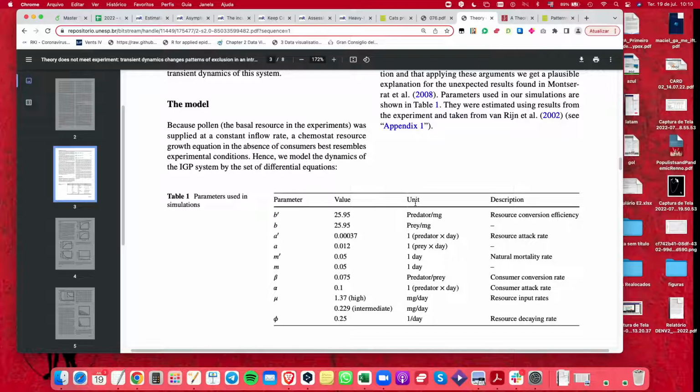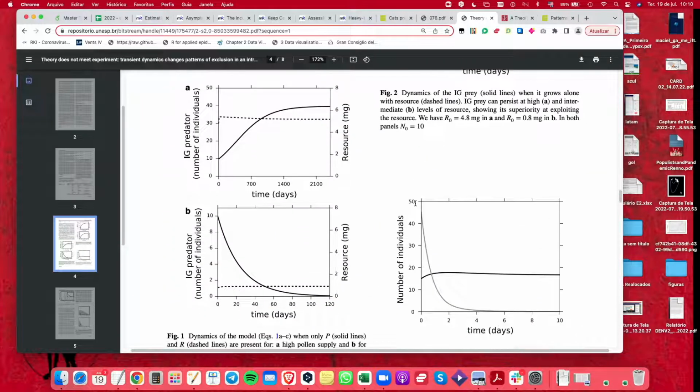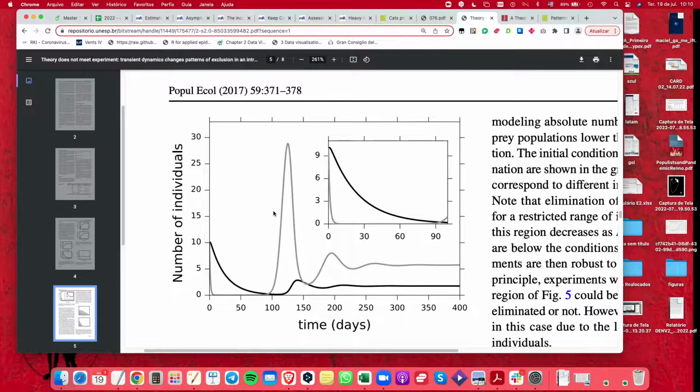So what you find is that the dynamics look something like this one. Okay, so you have a fixed point of coexistence, but when you start here, you have still first oscillations that will approach the equilibrium before getting to the equilibrium.